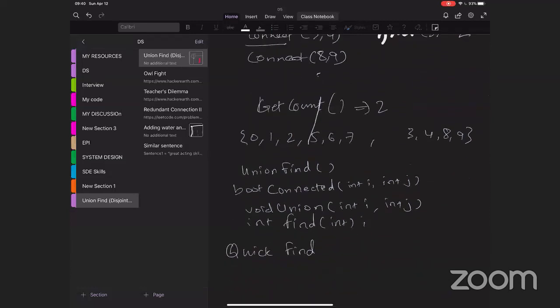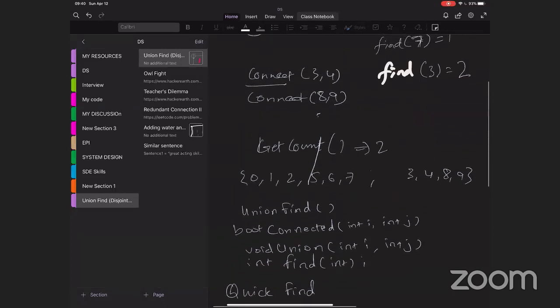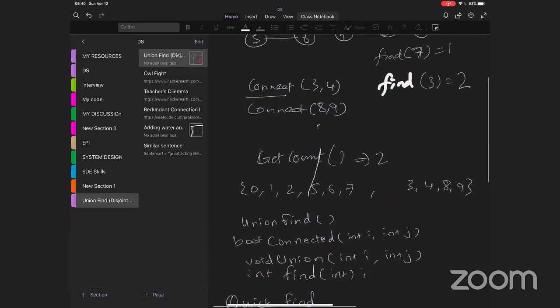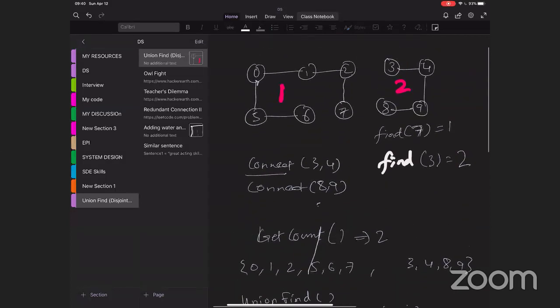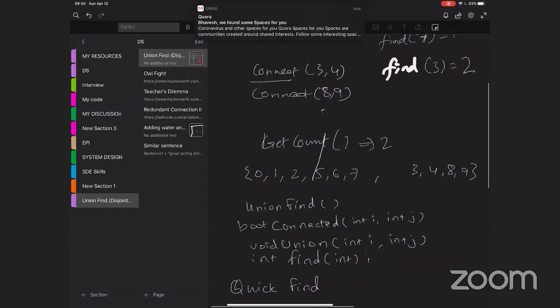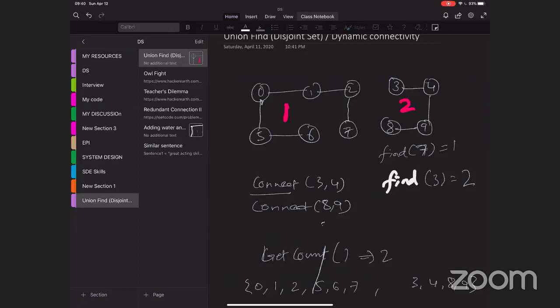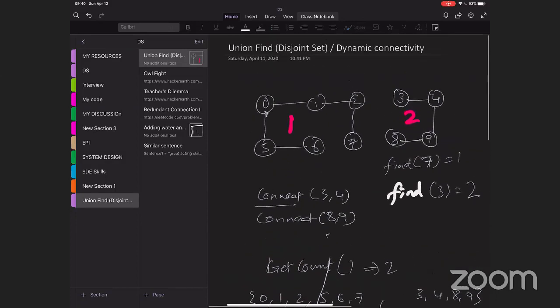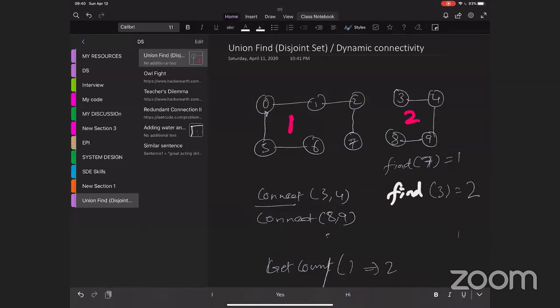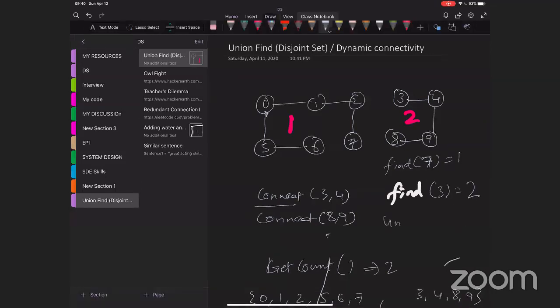Connected, we know: it will say yes or no. Now the union: when I say union 2 and 3, let's say, it is going to connect them and make all the sets together.